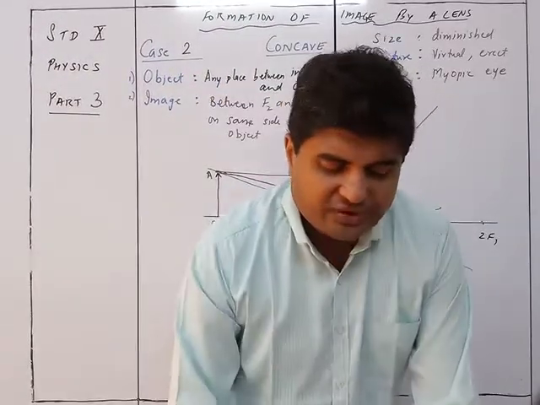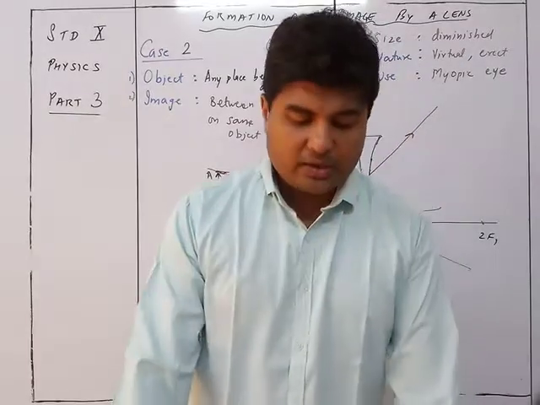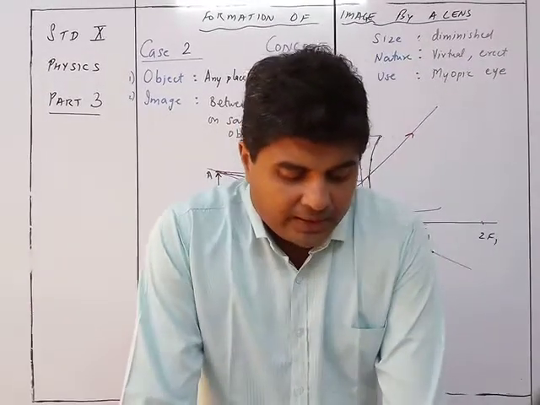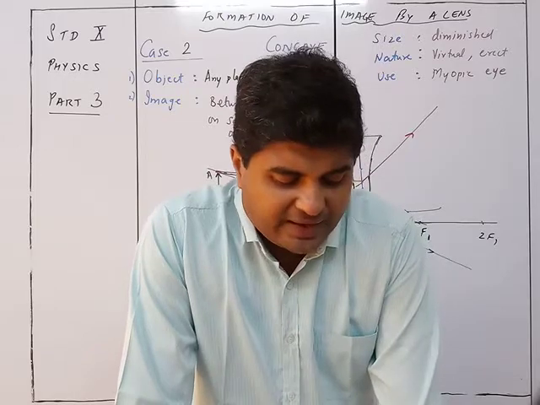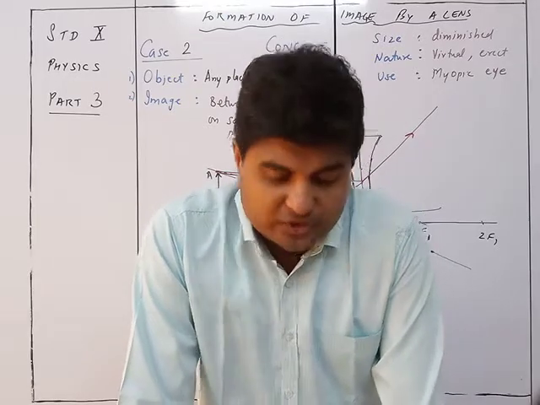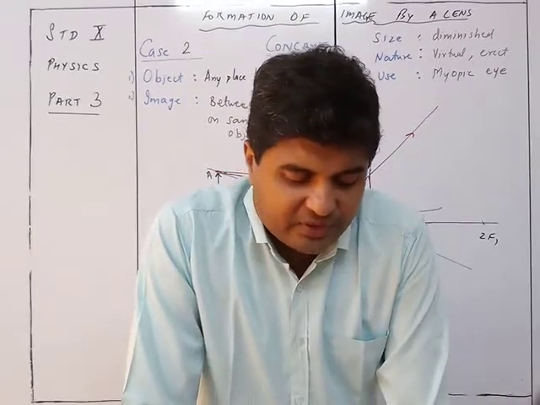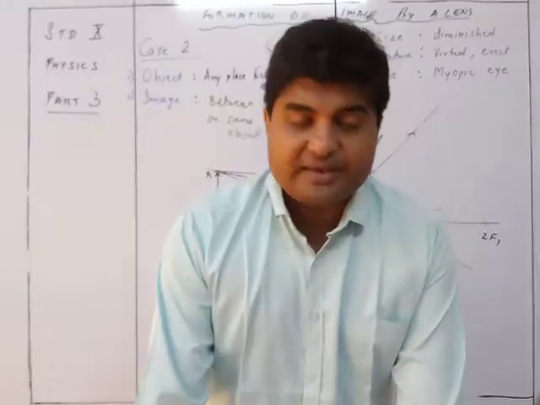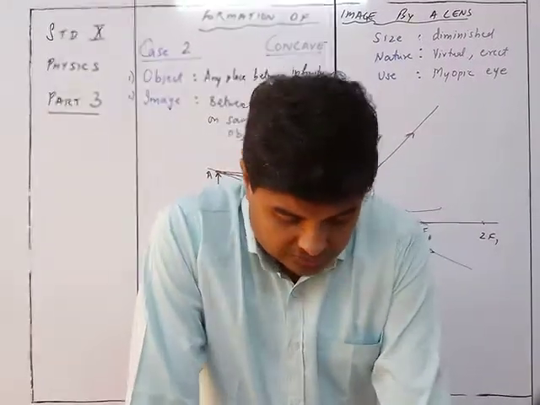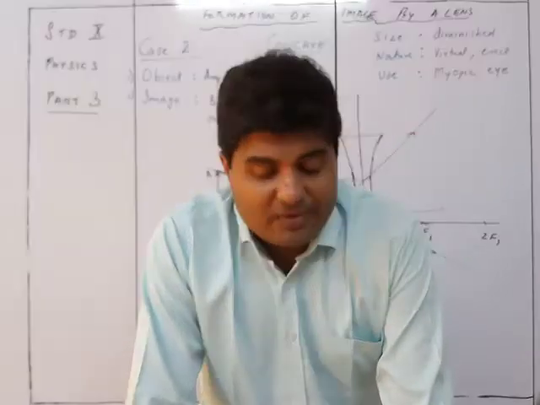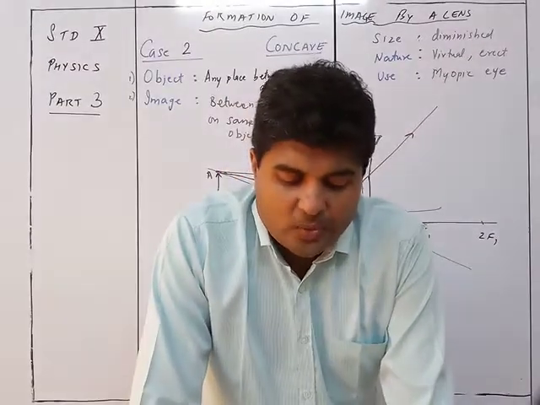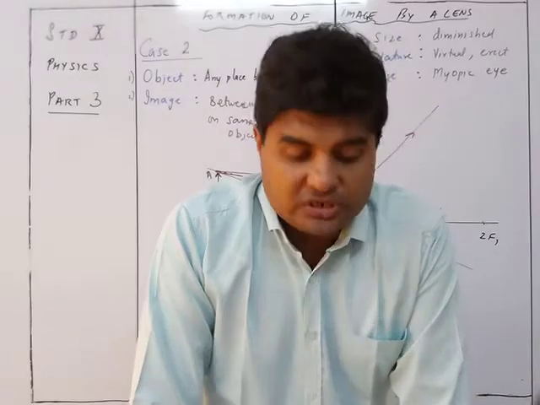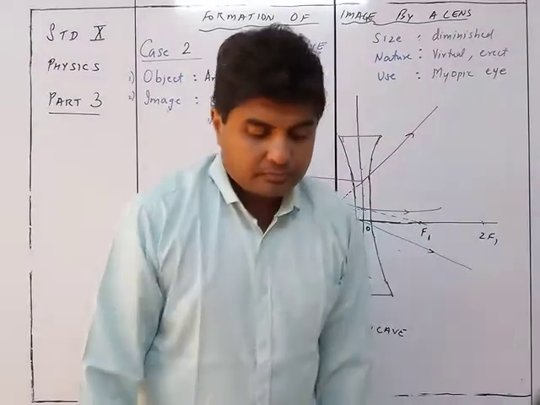So finally, the difference between the image formed by the convex and the concave lenses. Image by a convex lens can be real as well as virtual. It is real if the object lies beyond the focus, while it is virtual if the object is lying before the focus. Image of a concave lens is always virtual for all positions of the object.